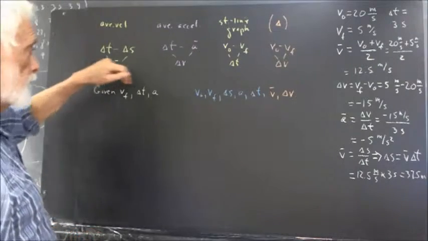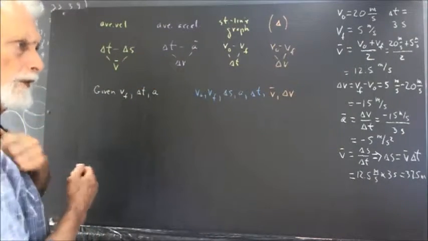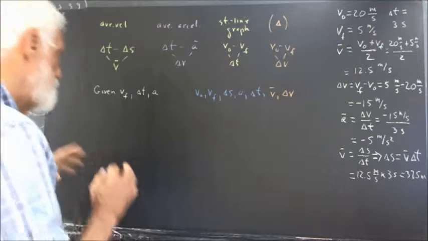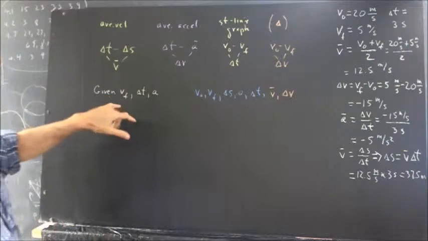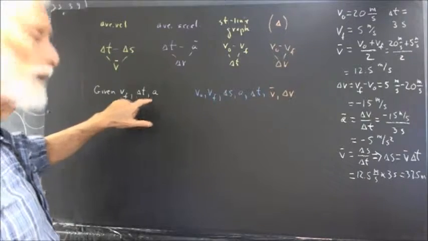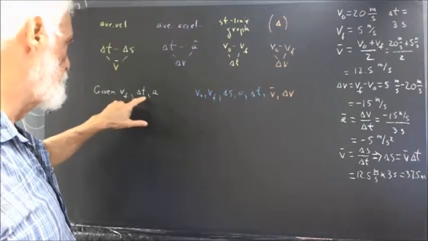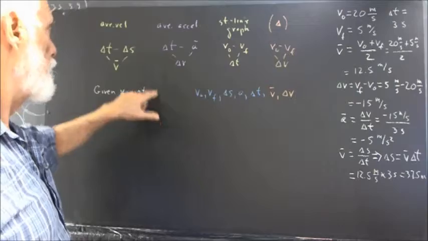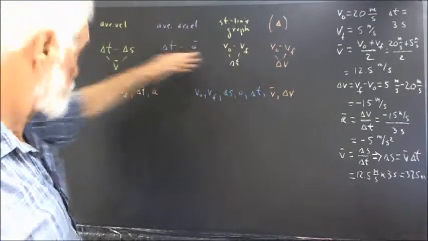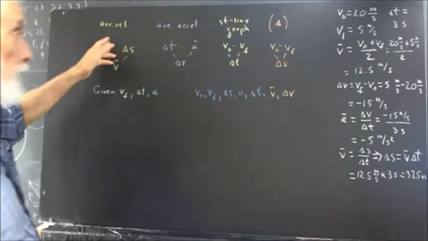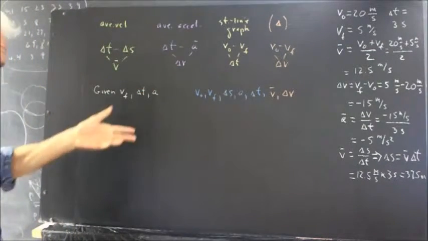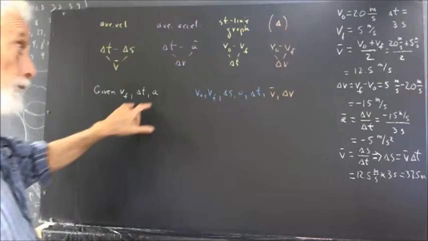Okay, what about VF and A? Hopefully we might be beginning to get a feel for things, but we're not going to be able to figure out any direct relationship between VF and A. We check the triangles to see if VF and A appear in any of them. They don't. Okay, so we're left with delta T and A.